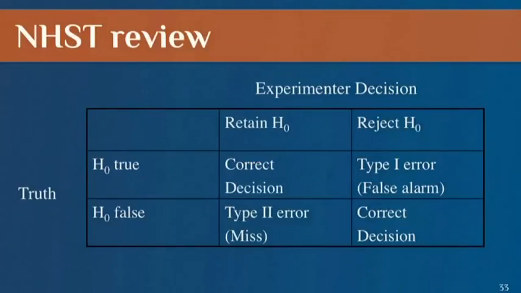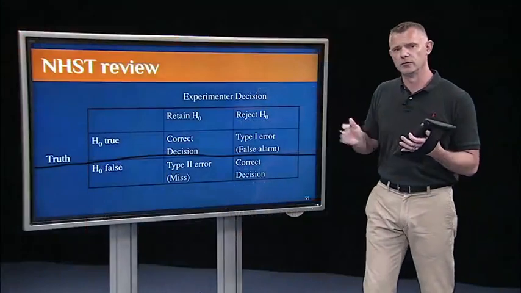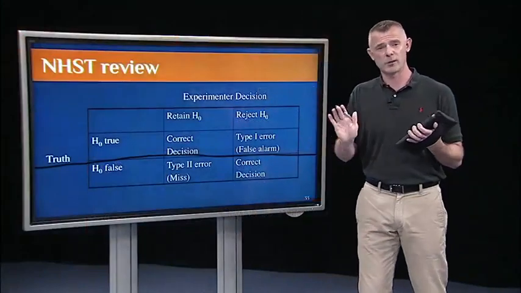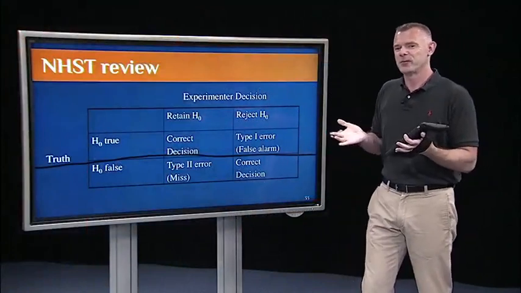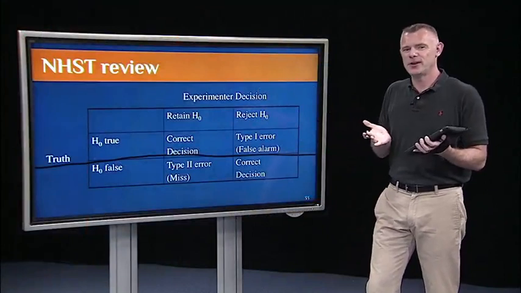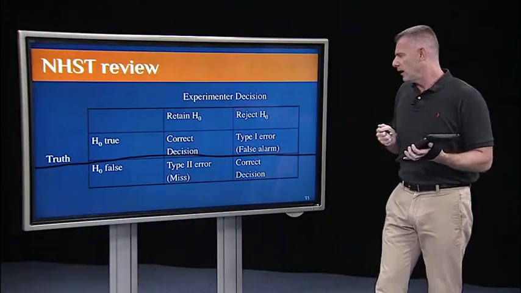So you either live in a world where the null is true, or you live in a world where the null is false. Let's for a moment assume that the null is true, that you have no effect going on whatsoever, which might be the case for working memory training, right? So let's assume there's just no effect at all.